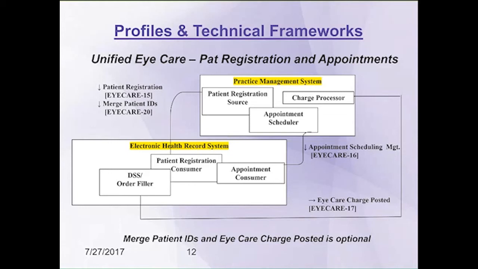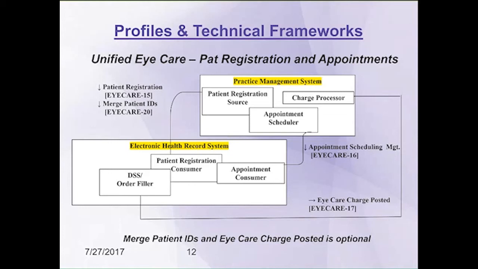And what happens is you have the actors, and then on the left side, for example, the top is the transactions. So it says, hey, the patient registration source works with the patient registration consumer to do a patient registration transaction called IHE 15. And this is how you have to learn and read these specifications.